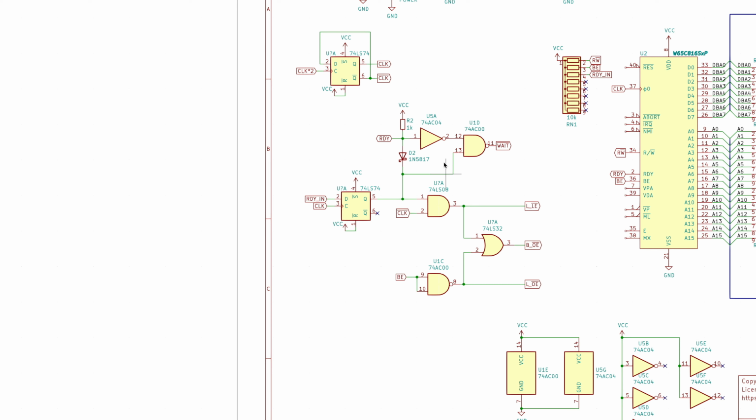Now, one thing I want to do is to replace this inverter with one of our NAND gates because we freed up a bunch, and so this will allow us to remove one chip from the circuit. And so now we just need to annotate all these chips and add the spare gates, and we should be done.